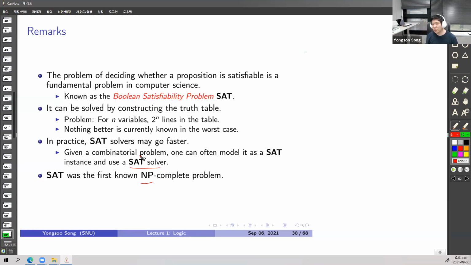You may have heard of the seven millennium mathematical problems, which are known to be the most difficult ways to make $1 million. One of these seven problems is what's called the P versus NP problem, and SAT is one of the NP-complete problems.